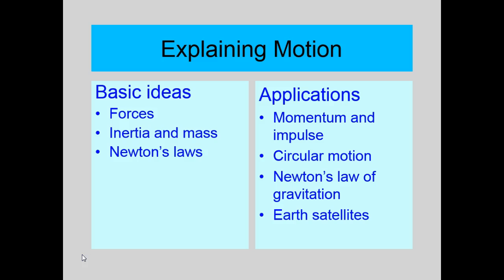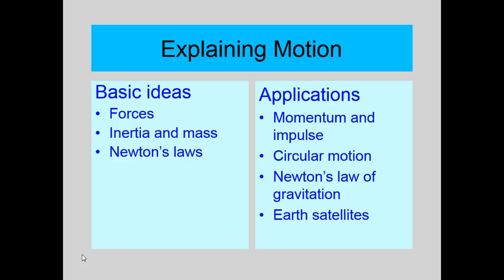Then we'll get into explaining motion. The basic ideas behind this one are going to be forces, and we mentioned in our core concept, inertia and mass. They put those together even though they sound like they're very different. They definitely are related. And then we'll look at Newton's three laws of motion, and that will be a section by itself, each one of those.